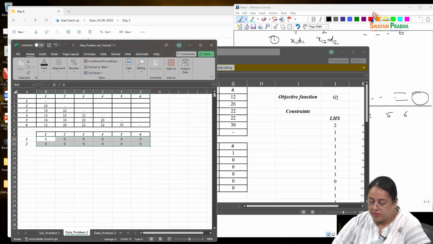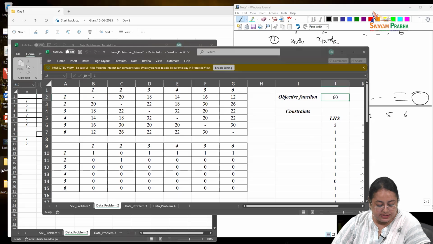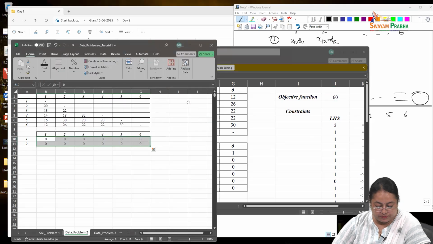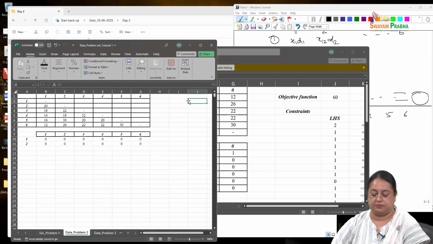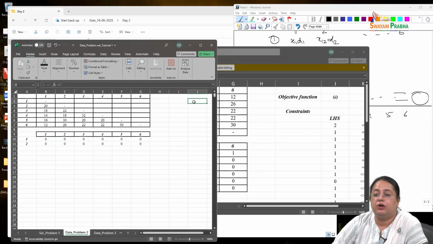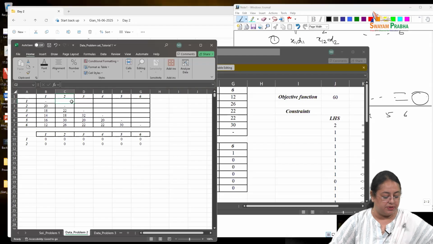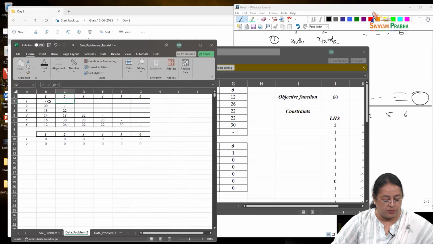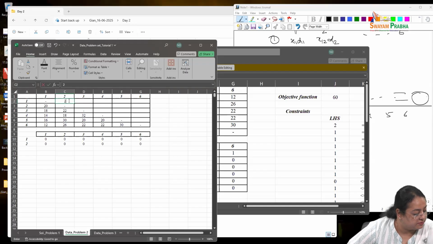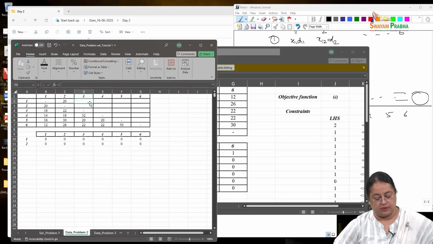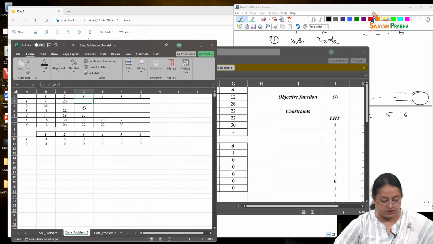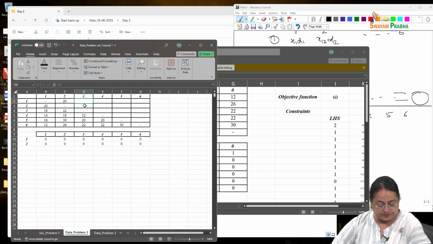Now you go to cell J2. What should be our objective function here? Here also you can complete the symmetric table. If 1,2 is 20, 2,1 is 20, then 1,2 will also be 20. Make it symmetric.